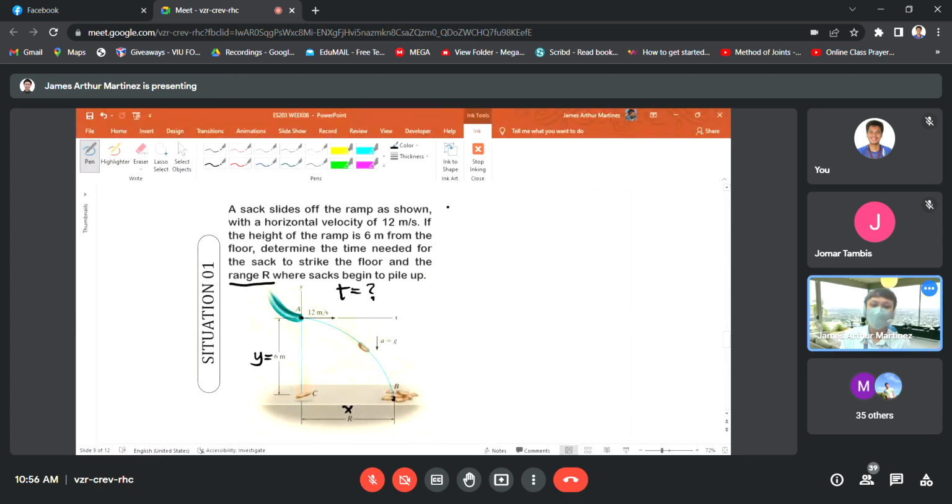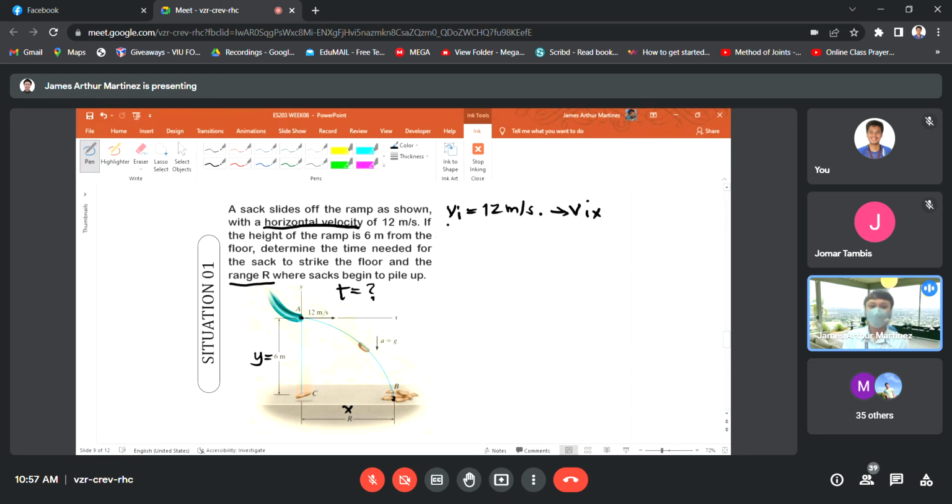So VI, or your velocity at point A, is equal to 12 meters per second. It was clearly stated in the problem that it is a horizontal velocity, so this only refers to our VIx, or the x component of our velocity.